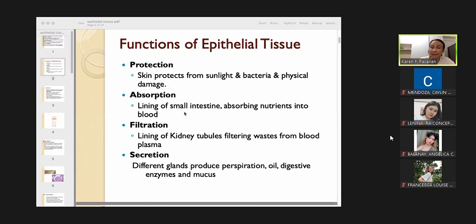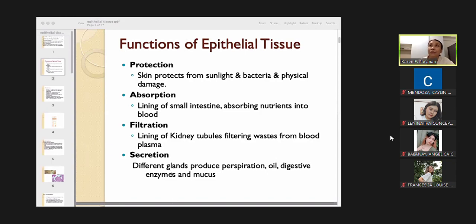In the slides again, going back to the slide of the stomach, wherein it is lined with simple columnar, and basically the main role would be for absorption. Okay, and then we also use the slide of the kidney tubules, which is specialized for filtration.